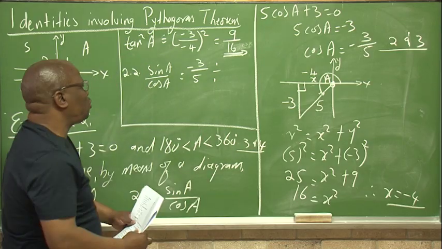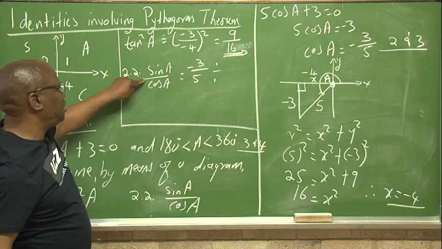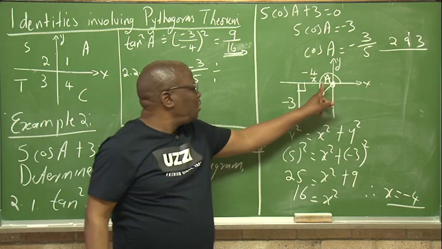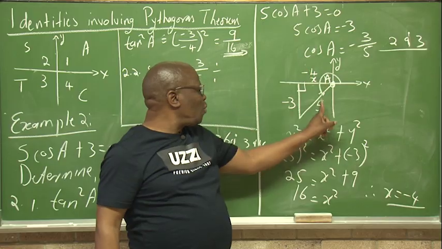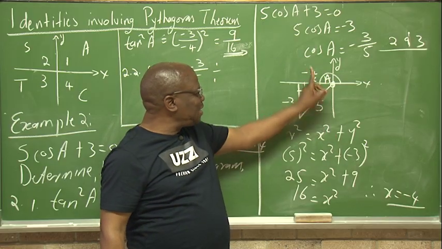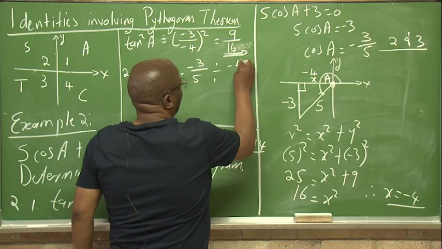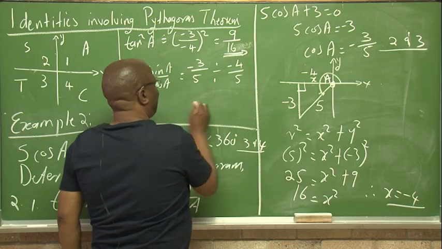This is the same as division, divided by the cosine of A. Look at the cosine of A. Cos is adjacent over hypotenuse. Adjacent is negative 4 over 5.